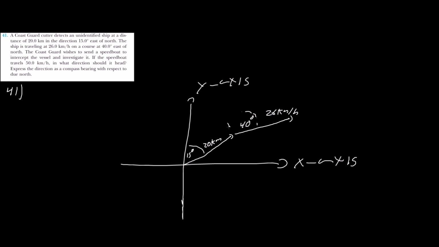I'm going to call that R. So R of the ship, I'm going to define as the initial position, which is 20 kilometers sine of 15 degrees in the i hat direction, added to 20 kilometers cosine of 15 degrees in the j hat direction.